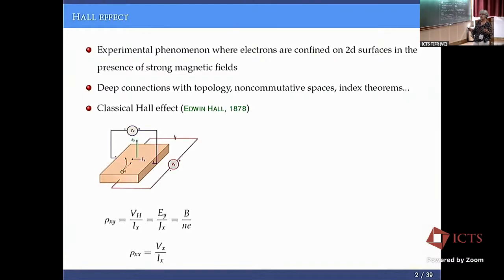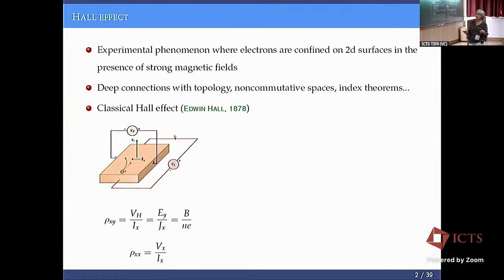And let me give you a brief description of this phenomenon. First, let me start with the classical Hall effect, which was introduced by Edwin Hall, experimentally observed in 1878. So we have a material here. Electrons move on this two-dimensional surface, and we apply a voltage along this x-axis in order to drive a current through this x-axis.